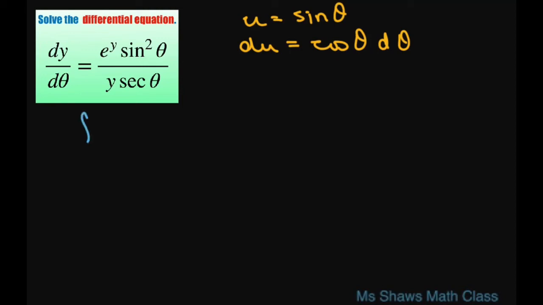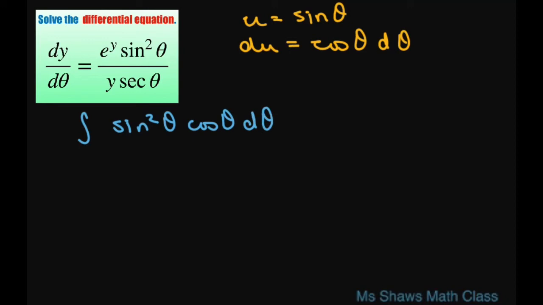So the right-hand side, we're going to let u equal sine of theta. So du equals cosine of theta d theta. So before, let me just show you. We had the integral of sine squared of theta cosine of theta d theta.